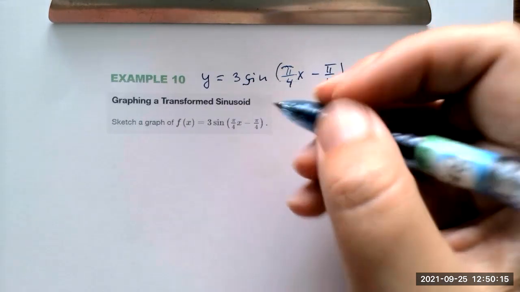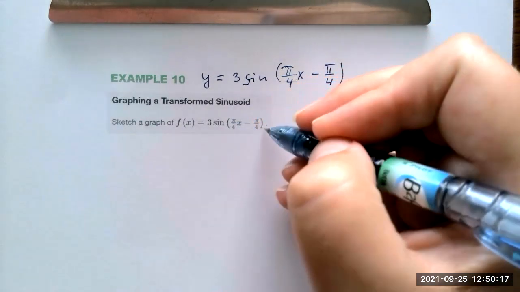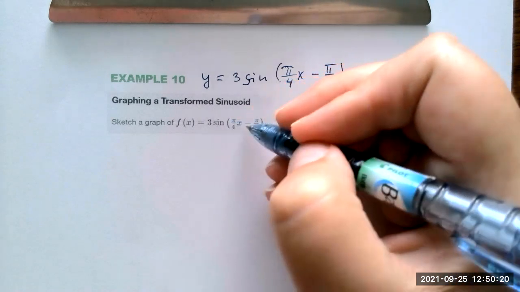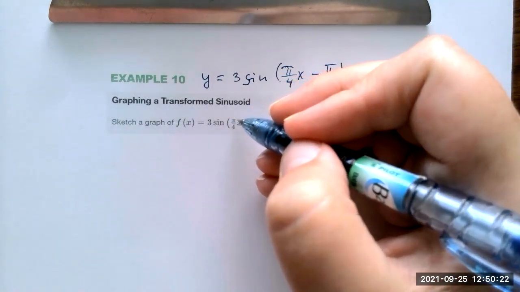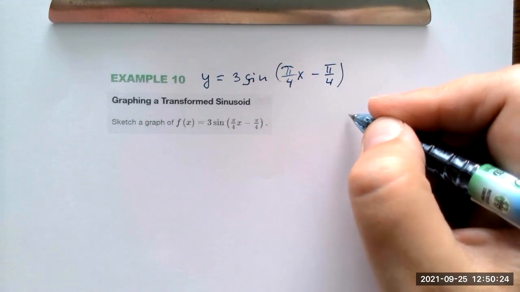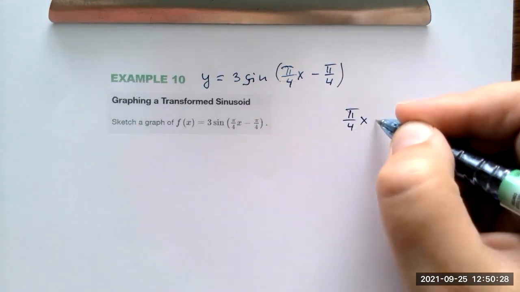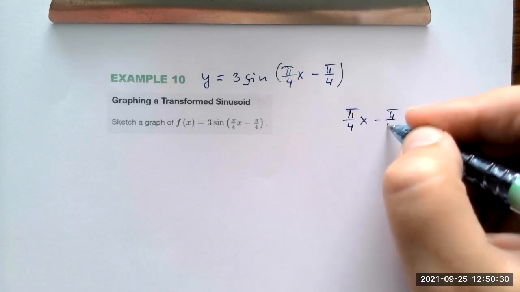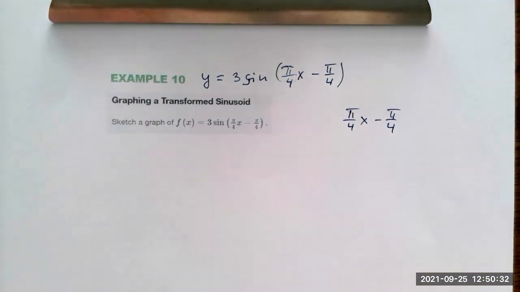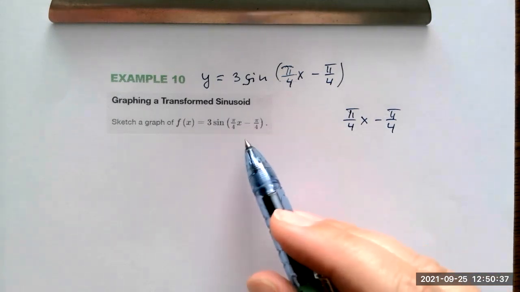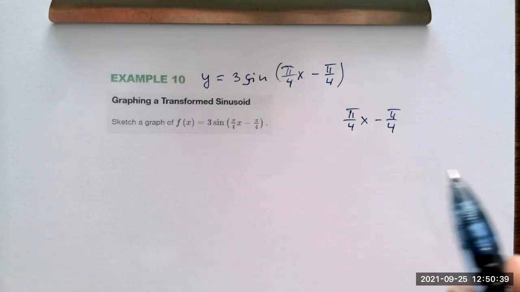what we're going to do first, we're going to look at the part inside the sine first. So that is pi over 4 x minus pi over 4. We know that normal period of the sine function is from 0 and 2 pi.